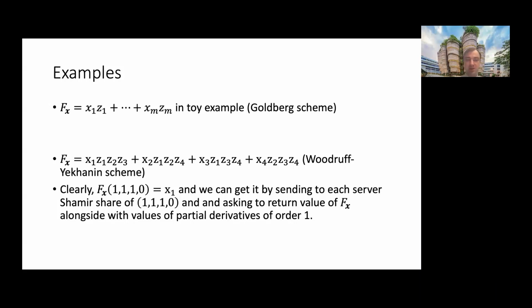So we can Shamir share the vector which corresponds to the value x_1, and ask each server to return the value of polynomial f(x) at the corresponding share, along with the values of partial derivatives of order 1. After that we can recover the value of polynomial f at point 1110, and as a result get the value x_1.